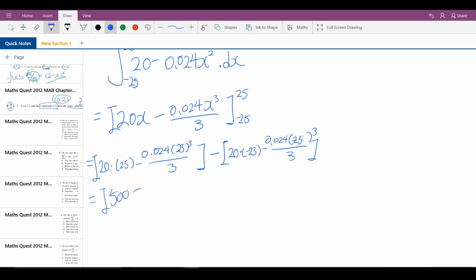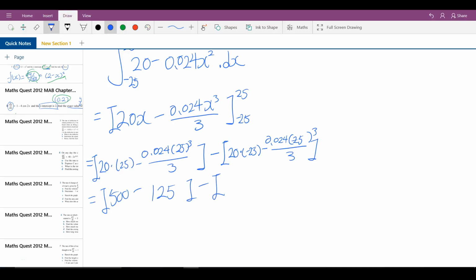I believe that would give us 375. Let me type it in the calculator to check. 0.024 times 25 to the power of 3. Yep, that gave us 375, divided by 3, and that will give us 125.